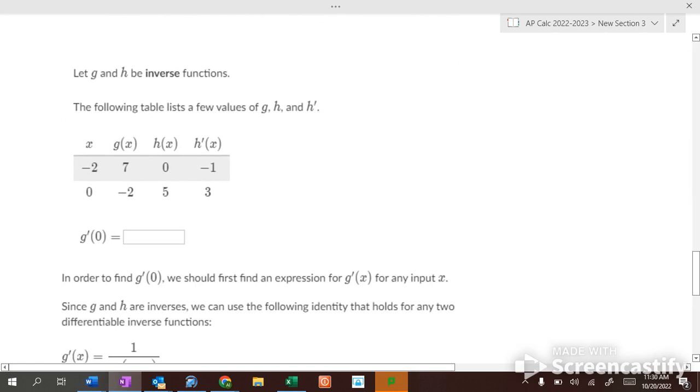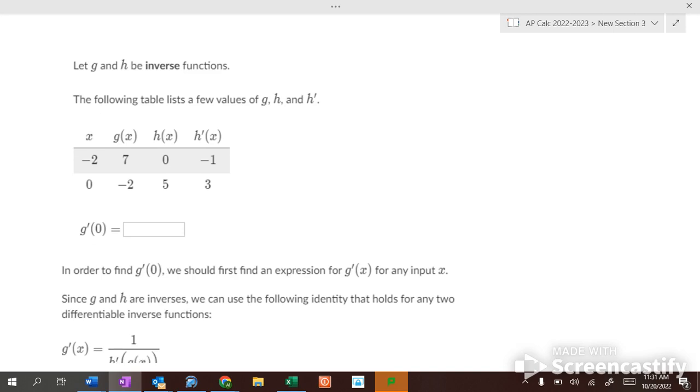Okay, so let g and h be inverses of each other. The following table shows what g of x is, what h of x is, and what h prime, the first derivative of h, is. If we want to find g prime of 0, or the first derivative at 0, what do we have to do?